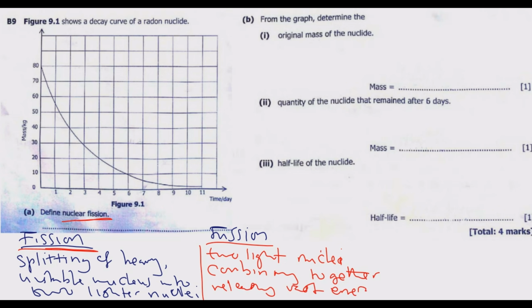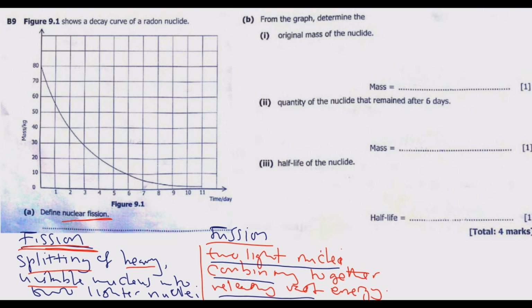So now you see these are opposite. The fission is the splitting of the heavy unstable nucleus into 2 lighter nuclei. Then the fusion is the combination of 2 lighter nuclei to form 1 nucleus, while releasing a vast amount of energy.